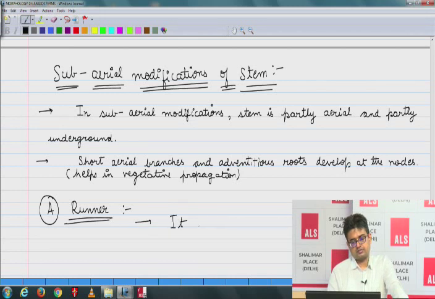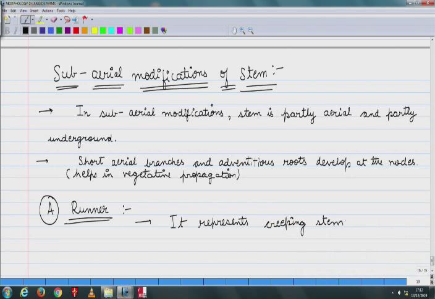It represents creeping stem with longer internodes, and running horizontally on the soil surface.